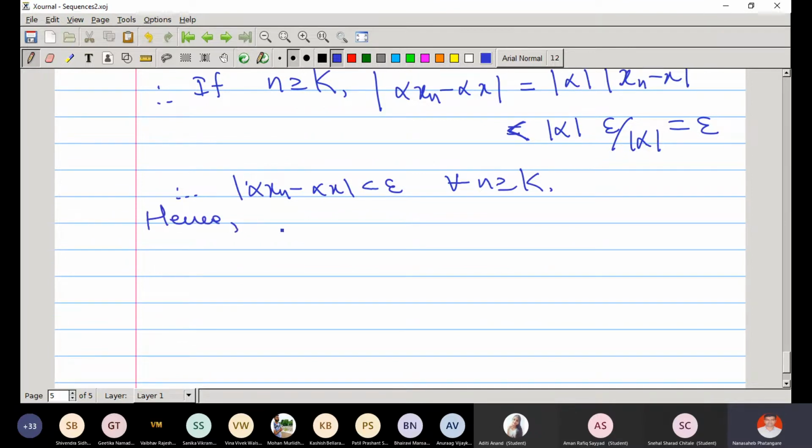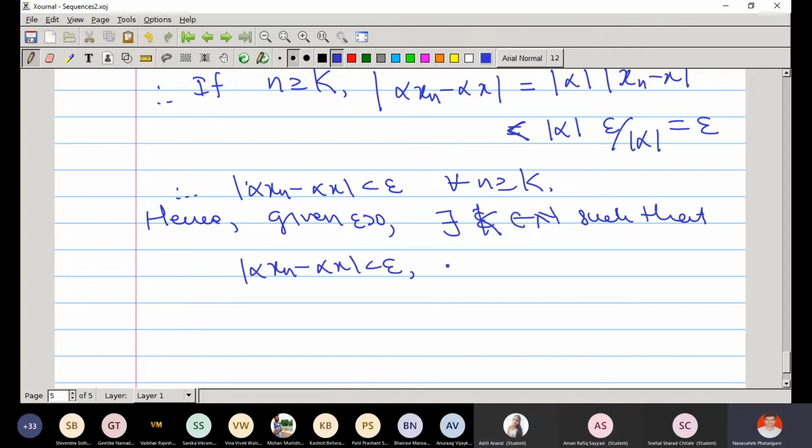Thus what we have proved: given epsilon we can produce k such that alpha times xn minus alpha x is less than epsilon for all n greater equal k.